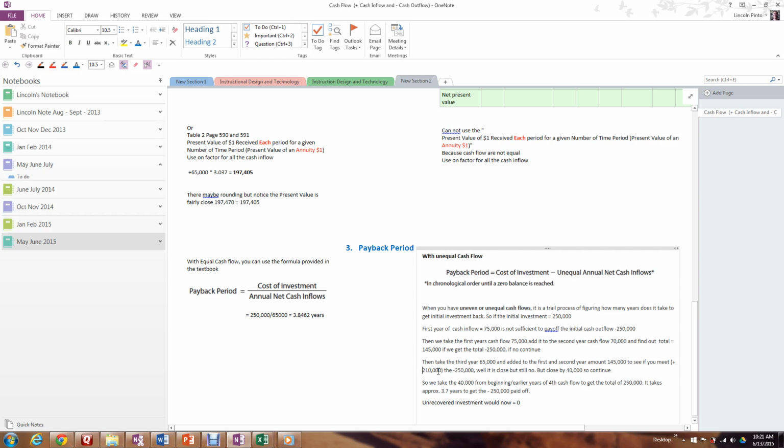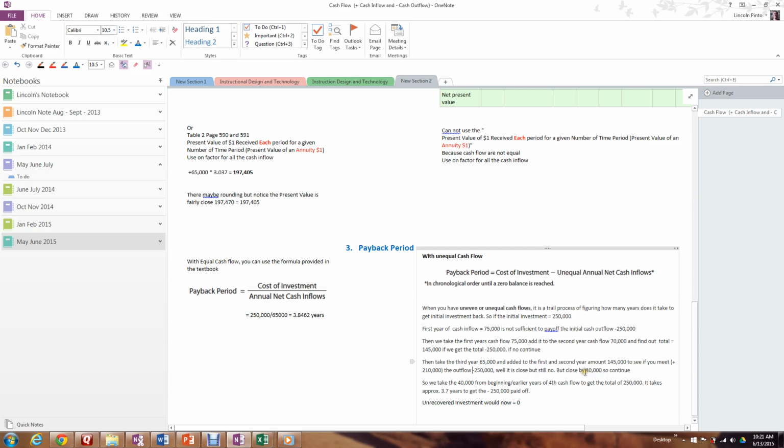Because it's all cash inflow. Well, the cash outflow was 250. The 210 hasn't covered the 250, but by how much? Well, it's 40,000. That's what we need.